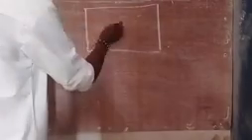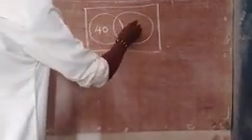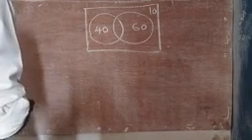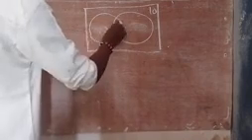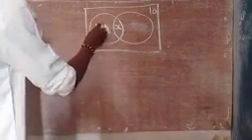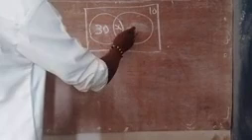If you have a case where you have two sets, and here is 40, and here is, let's say, 60, and here is 10, and here is x, and here is 10, and here is 30, and let's say the universal set is 65.